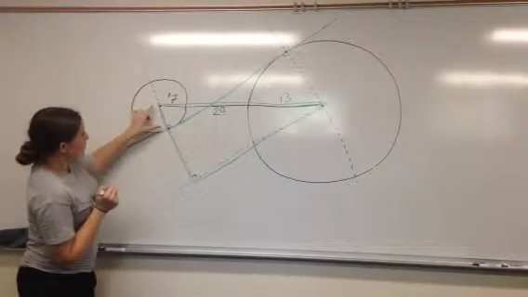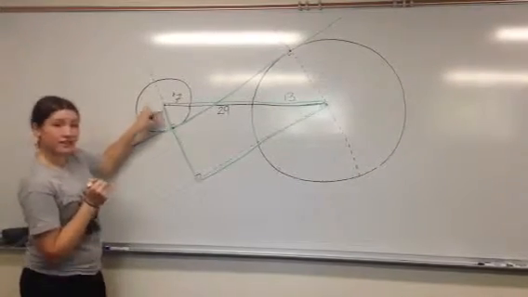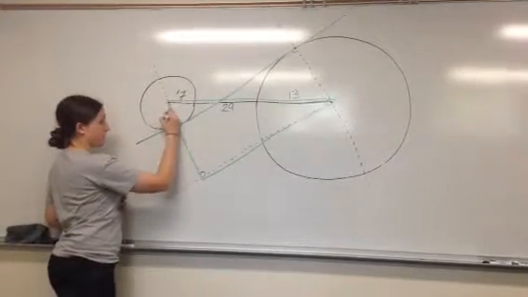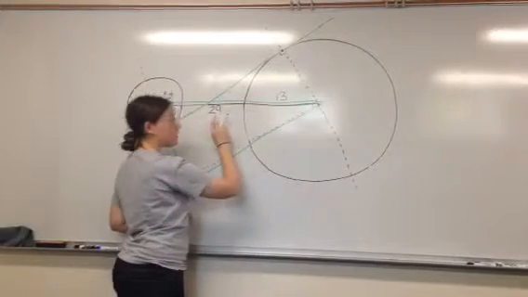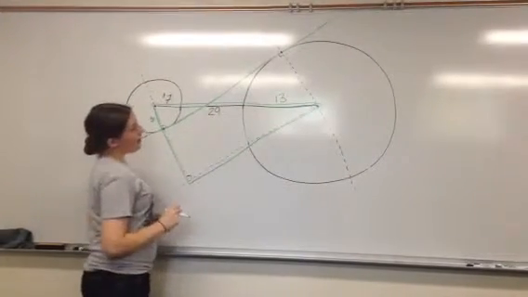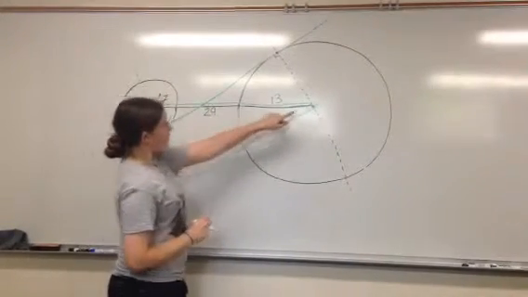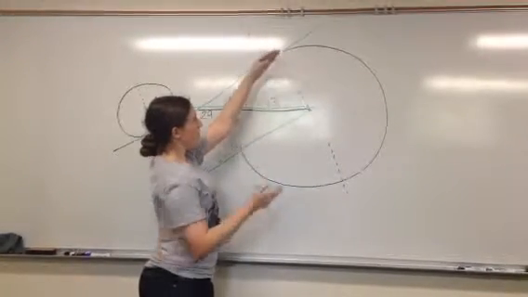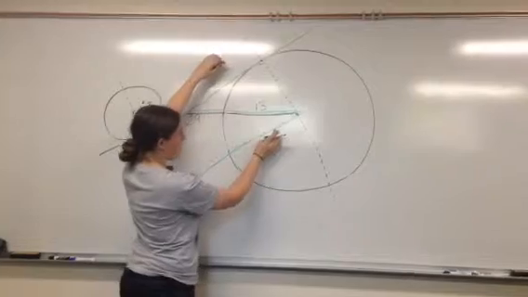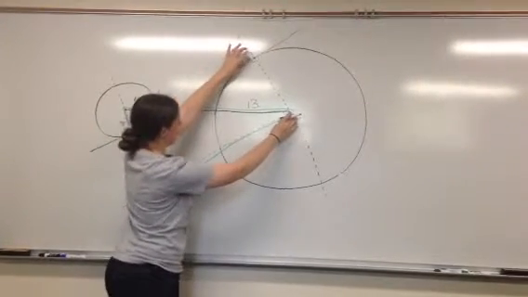So we know that this line segment here is the radius of this circle, which is 7 inches. We know that this line segment here is 29 inches, and we know that this line segment right here is 13 inches. And that's in between this line and this line.